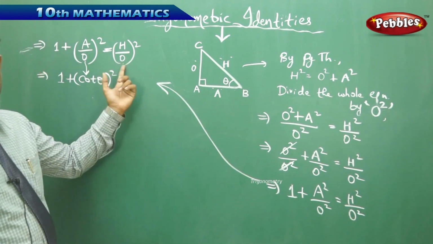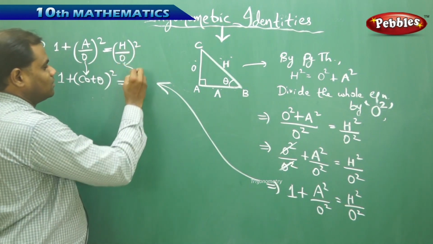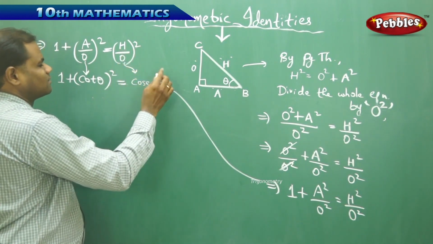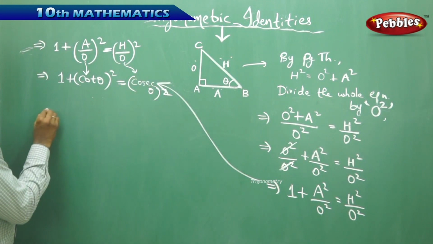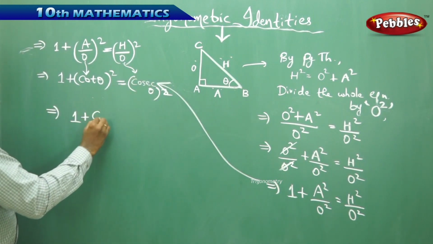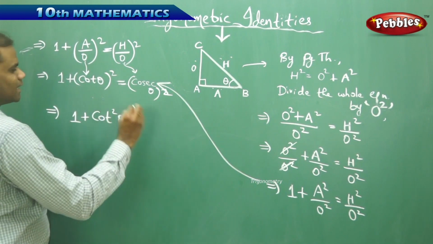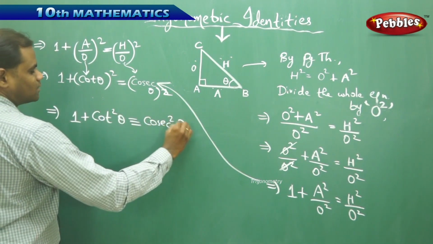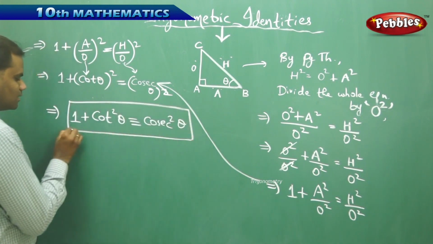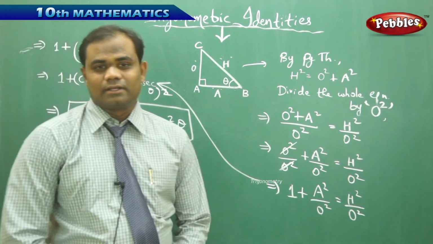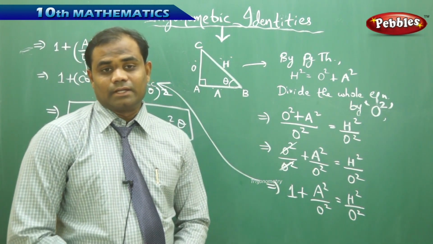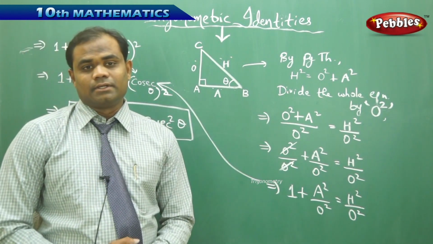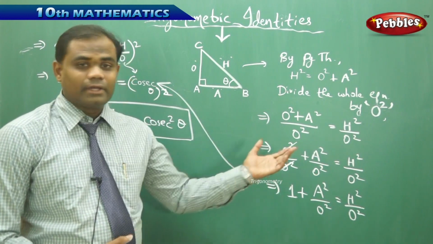Therefore, hypotenuse by opposite is cosecant theta whole square is what we get. So on rearranging, I get 1 plus cot square theta is identically equal to cosecant square theta, the third trigonometric identity connecting the trigonometric ratios for the right angled triangle ABC. This is how we understand each of the trigonometric identities, the most important of them being the three identities which we have derived.